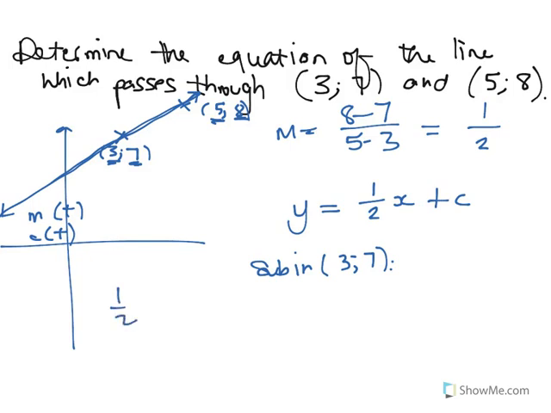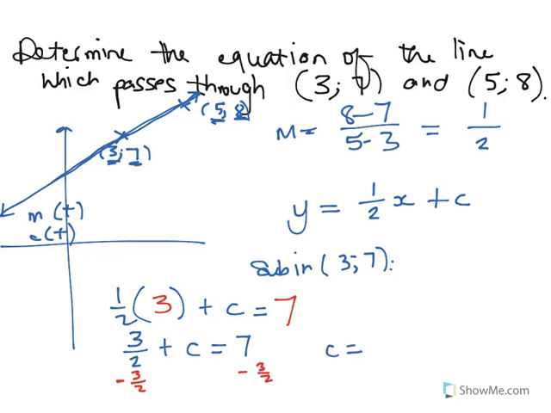So that means that when my input is 3, my output is 7. And so 3 over 2 plus c is equal to 7. And if I subtract 3 over 2 from both sides, so 7 minus 1.5 will be 5.5, which is the same as 11 over 2.